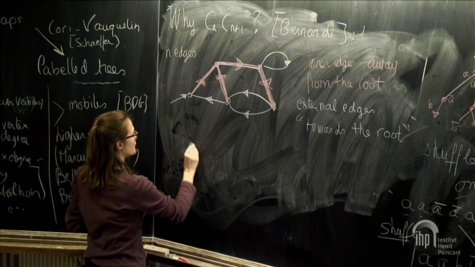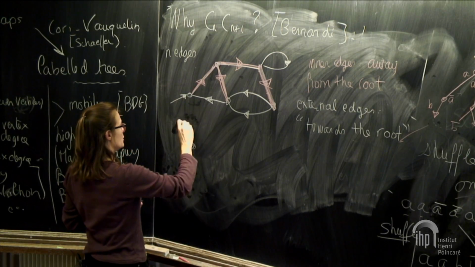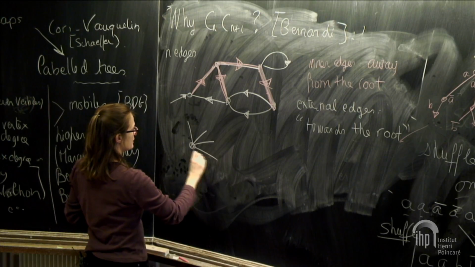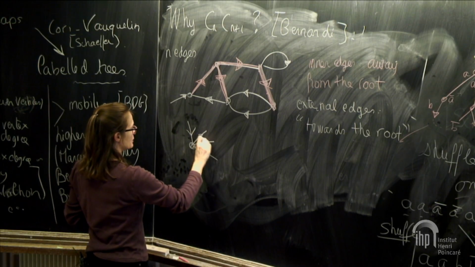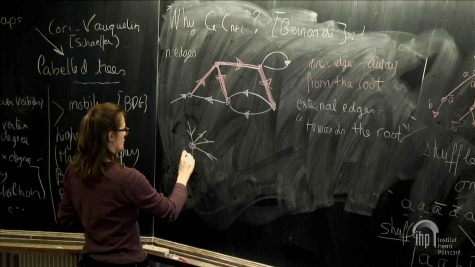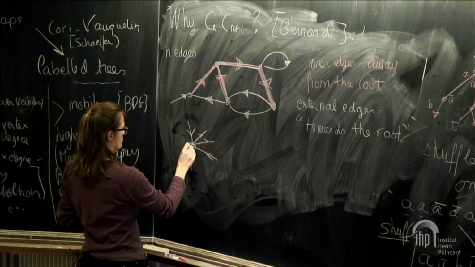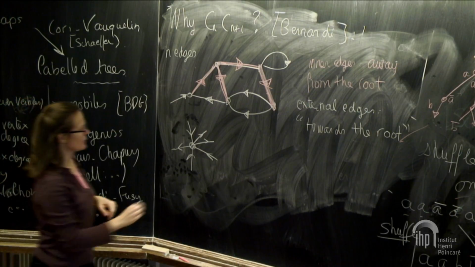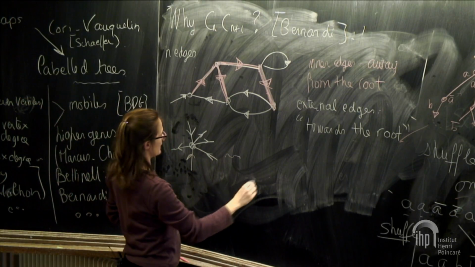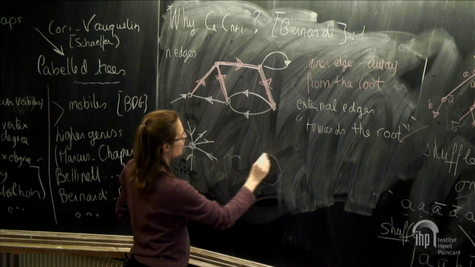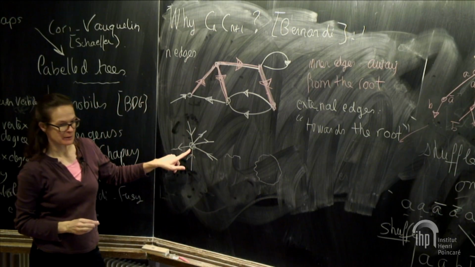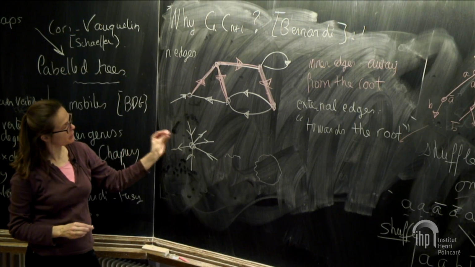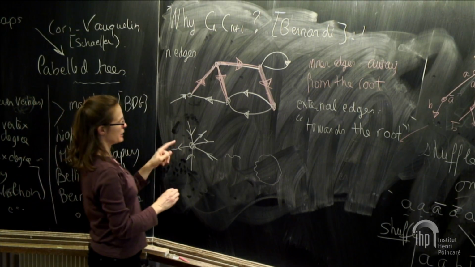So imagine that I have one vertex in this picture with a number of in and outgoing edges. So maybe in, out, in, and maybe out. I'm going to write this as a little blob, which is the vertex, with all its incident edges. But I'm going to group them in the following way.